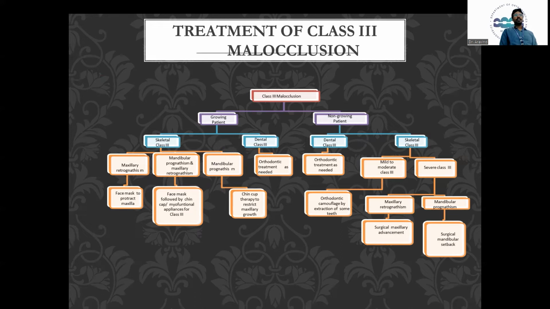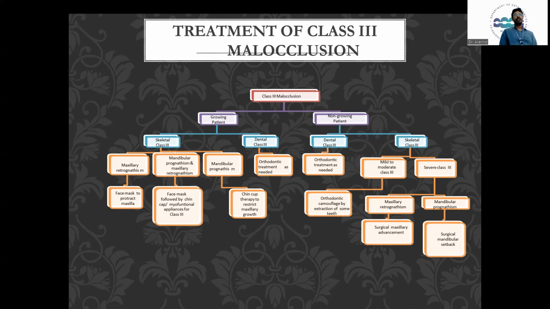For maxillary retrognathism, we usually give face masks for protraction of the maxilla. For mandibular prognathism with maxillary retrognathism, we usually give face masks followed by chin cup, or use myofunctional appliances for correction of the malocclusion. If the patient has mandibular prognathism alone, we just give chin cup therapy to restrict the growth of the mandible further.